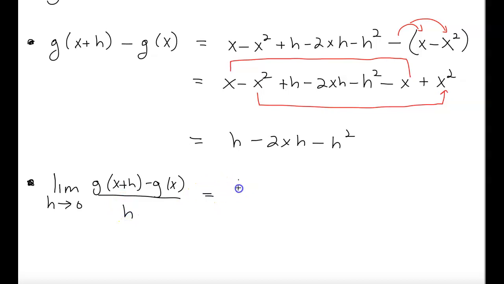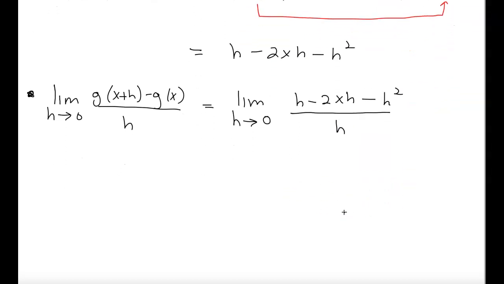So that's going to be the limit as h goes to 0 of this h minus 2xh minus h squared all over h. And again, we'll notice that there's a factor of h in all of the terms in the numerator, so we can factor out an h in the numerator.